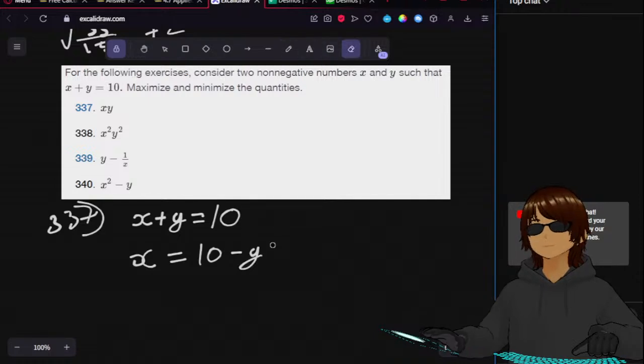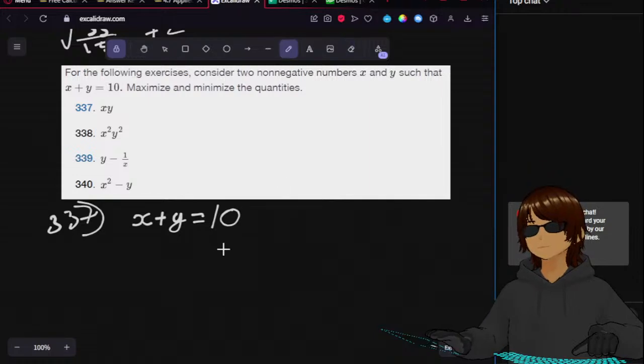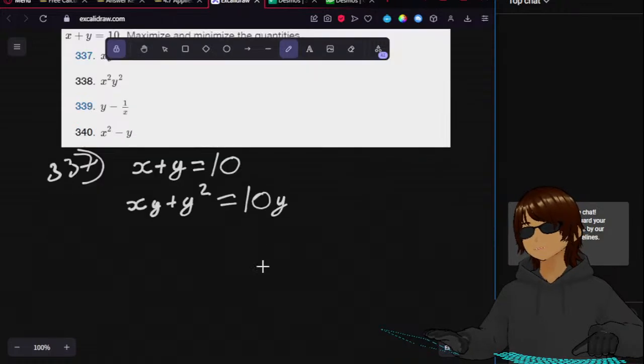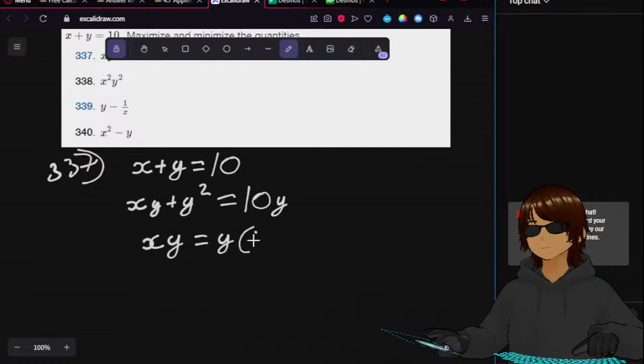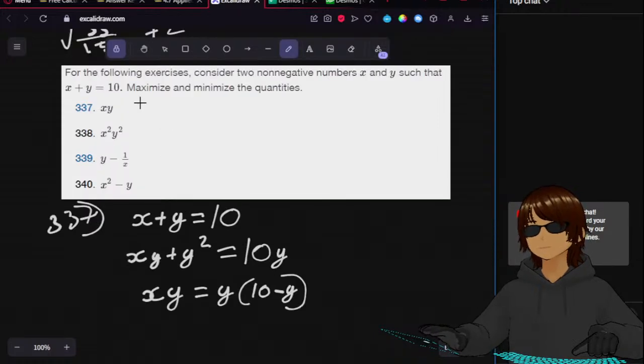Wait, I have an idea. Xy plus y squared equals to 10y, right? Is this the right path? Maximize and minimize the quantities.